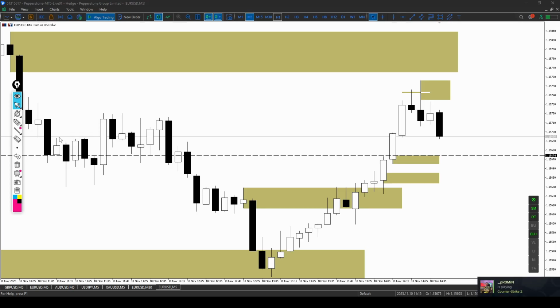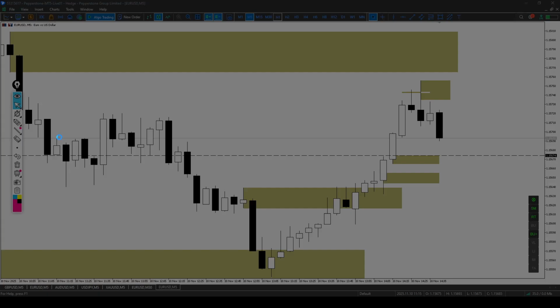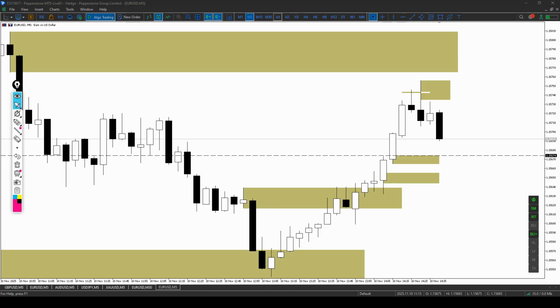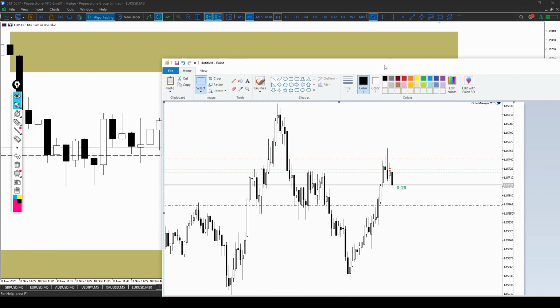Okay, so this trade is basically 1:3, and let me take a screenshot before I make this break even, so I can post. You guys can see in here, that's my trade running, guys.